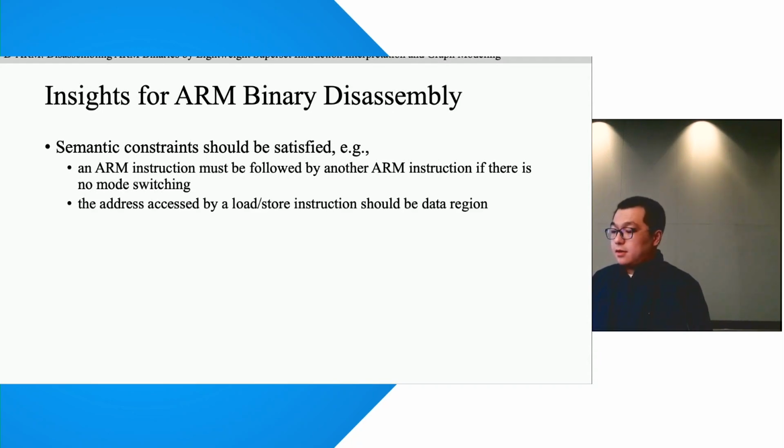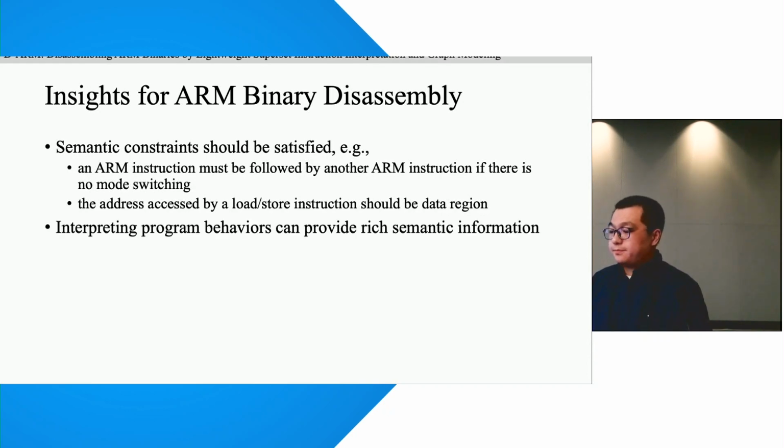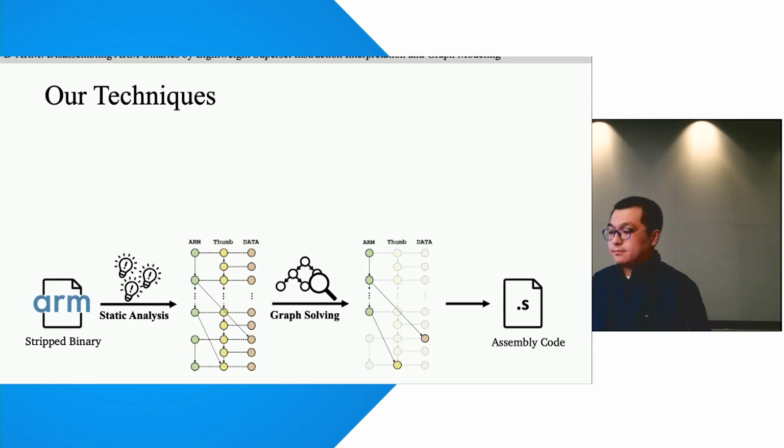And the address accessed by a load or store instruction should be a data region. The second insight is that integrating program behaviors can provide rich semantic information, such as indirect control flow transfer and memory access, as discussed in the previous example. This information can provide semantic constraints to help us find more instructions or data.